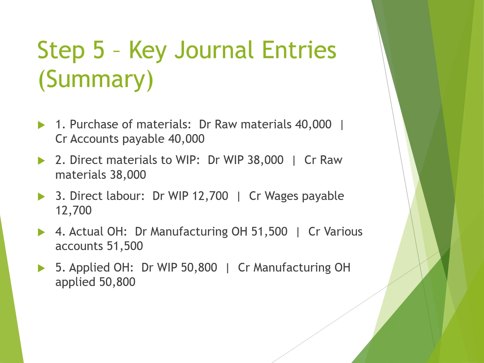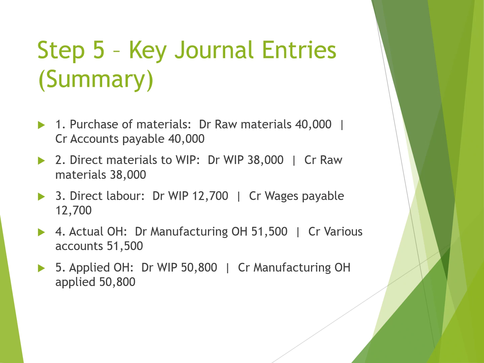Let's quickly summarize the key journal entries because this is where students often get lost. First, when we purchase materials, we debit raw materials and credit accounts payable for $40,000. Second, when materials are issued to production as direct materials, we debit work in process and credit raw materials for $38,000.